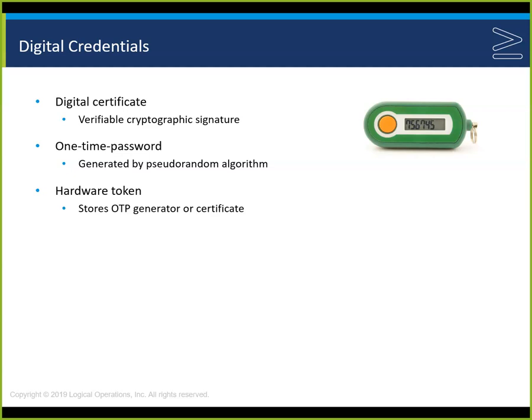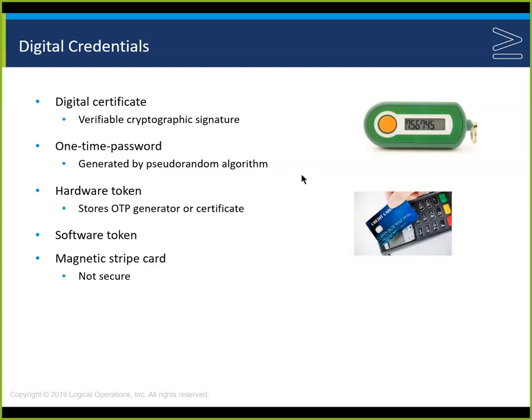A hardware token is going to store the one-time password generator or a certificate in order to be able to generate these things that are usable from one to the other. Could have a software token, a magnetic stripe on a card, and some places are still using those for credit cards.